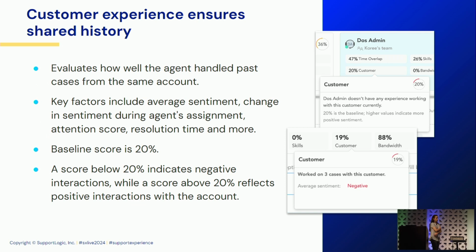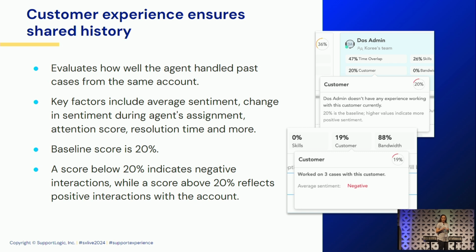Customer experience. Another very important parameter that we don't want to miss is the experience that the agent has with the account that he is taking care of. When the case is coming from an account that is completely new to the agent, it can take some time until he figures out all the details he needs.